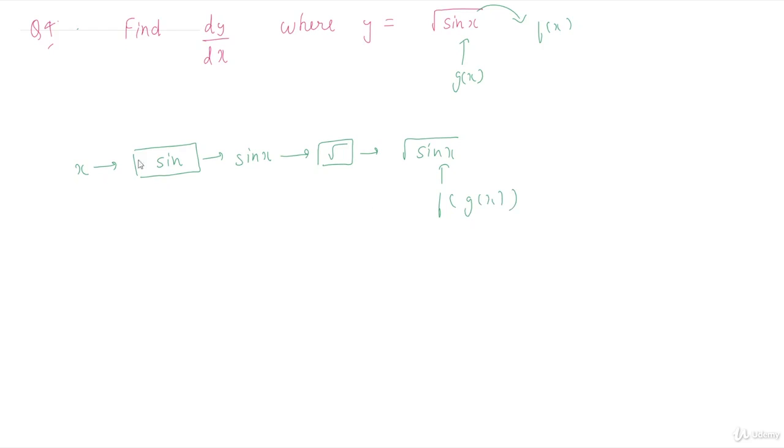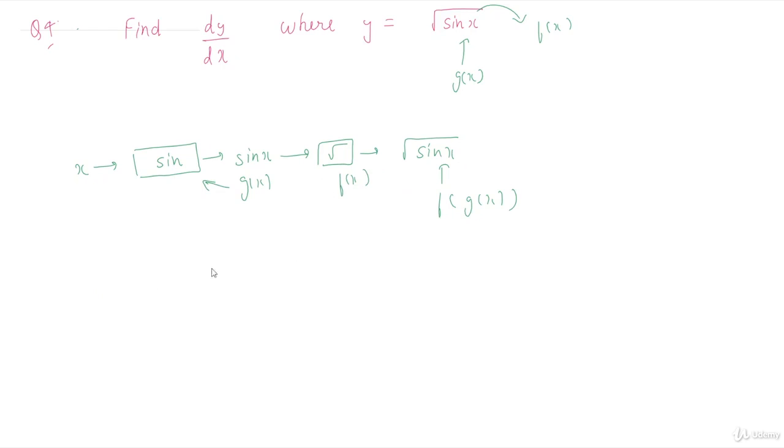This is x, this represents g of x, this function, and the output of this is g of x, and this is f of g of x. So this one is the outer function and this one is the inner function. Outer function is f of x and inner function is g of x.